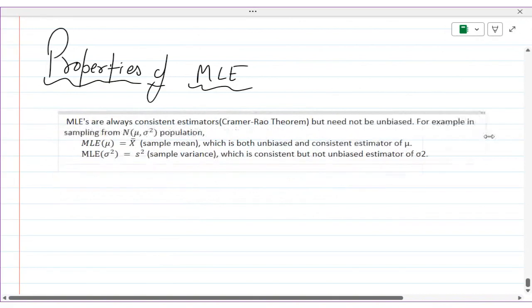They can be biased. For example, the maximum likelihood estimator of the mean is the sample mean, that we will show in the normal distribution. Okay, in the normal distribution, we will prove that the maximum likelihood estimator of mean is sample mean, and the maximum likelihood estimator of the variance is small s square, that is sample variance.